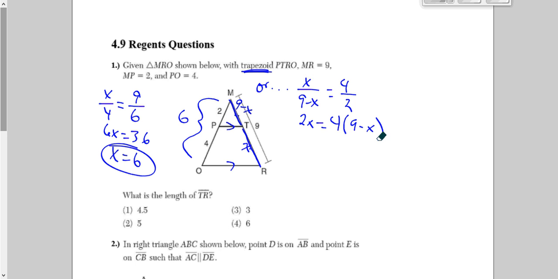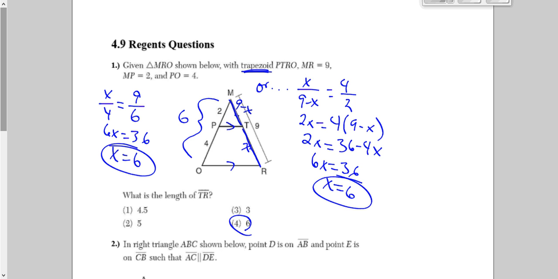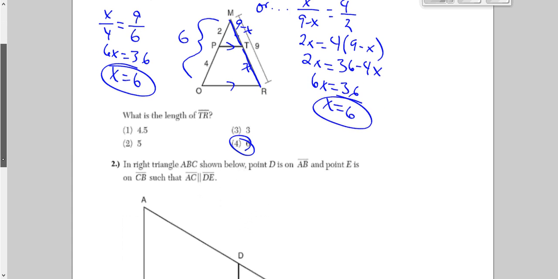Distribute, so that's 36 minus 4x. I want you to see the possibility that the lines are parallel. So add 4x to both sides. We get the same answer, either way. Let's move on to number 2.